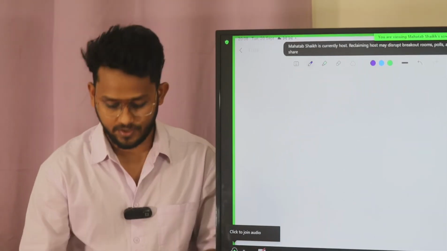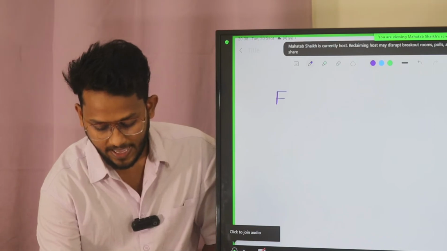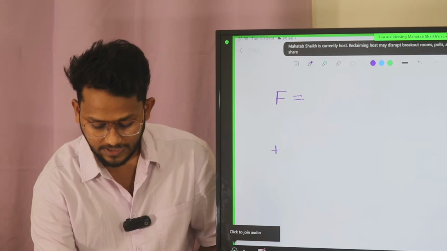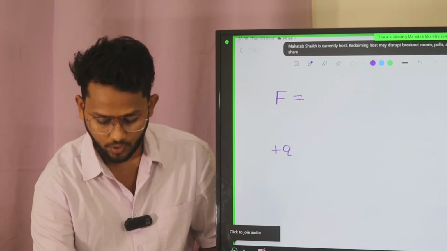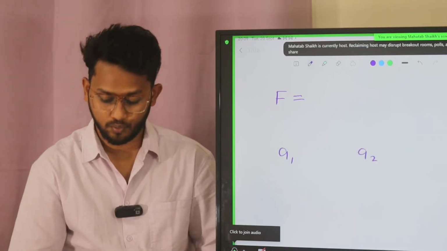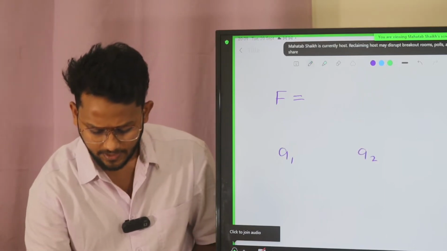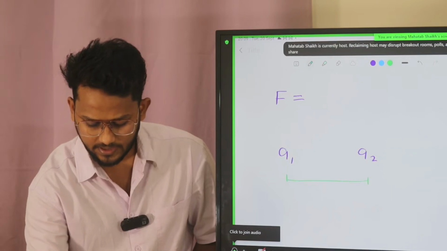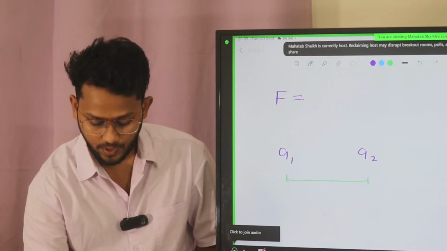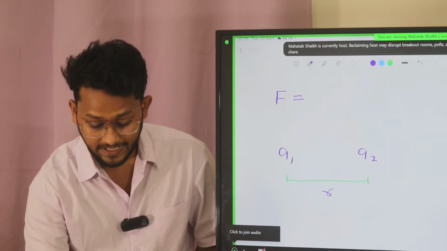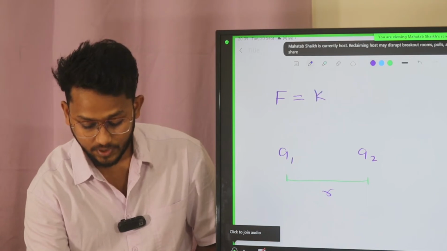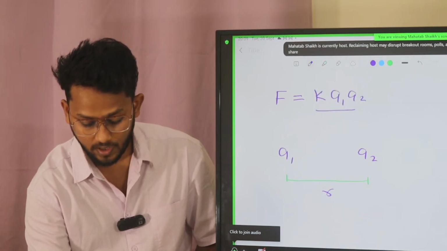It states that if we have any charges, let's take Q1, we don't know whether it's positive or not, and the other one Q2, and they are separated by a distance r, they will experience a force with a value k times q1 q2 over r square.